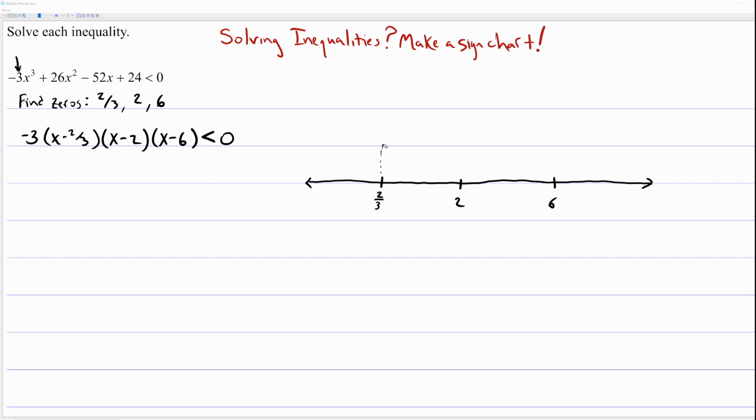And what I like to do is draw some little dotted lines to clearly separate this real number line into various subintervals. So we have 1, 2, 3, 4 subintervals. And the question we're going to ask is, is this polynomial positive or negative on each of these subintervals?